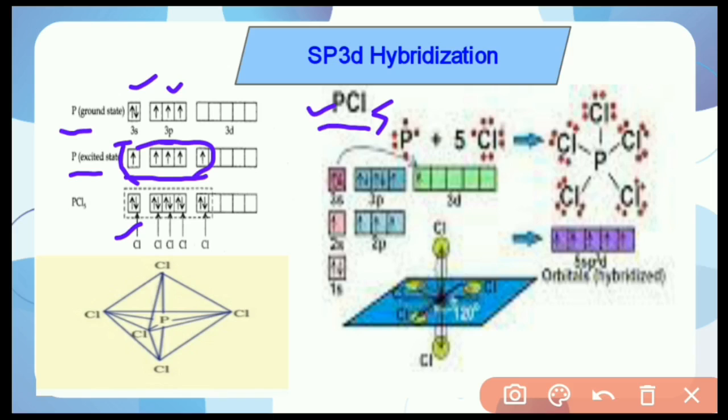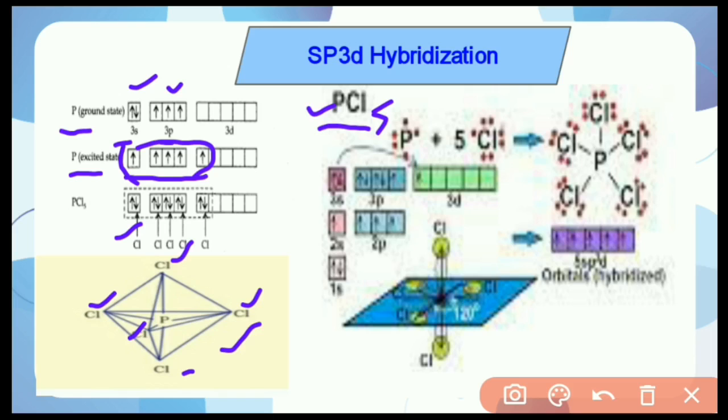And this molecule is arranged three-dimensionally in space. So here 3 chlorine atoms are arranged in a plane trigonally, 2 chlorine atoms bond above the plane, and 1 chlorine atom bonds below the plane.